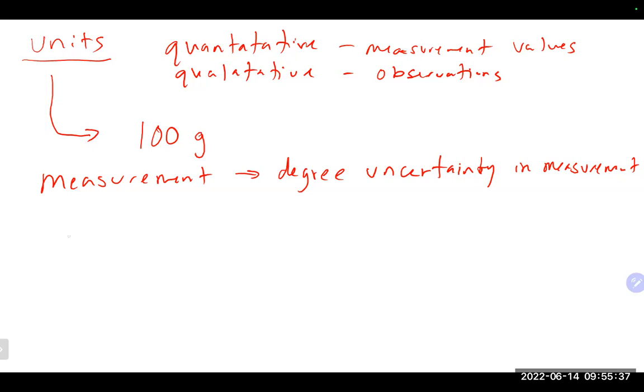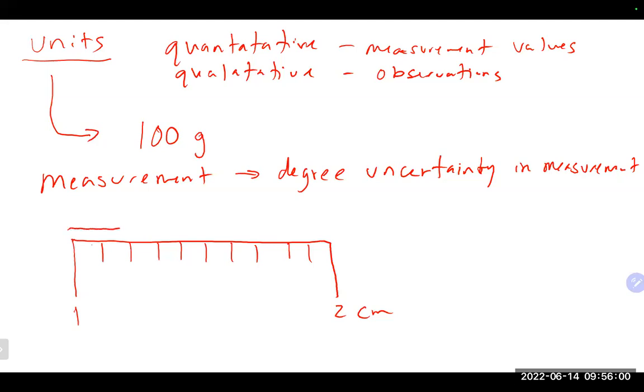So for example, let's call that 1. If we had a ruler such as this, which went from 1 centimeter to 2 centimeters, and I was measuring some arrow here that I'll draw something like this.